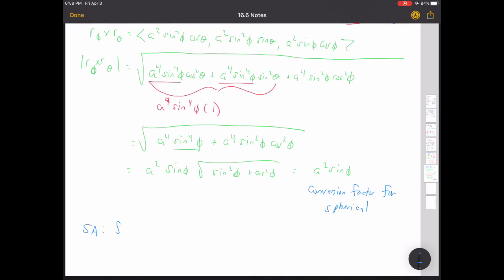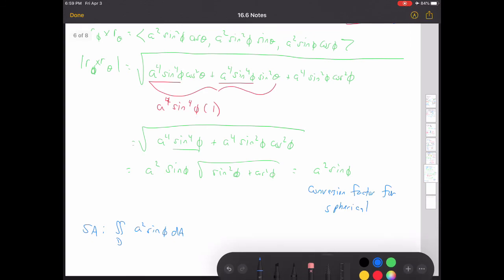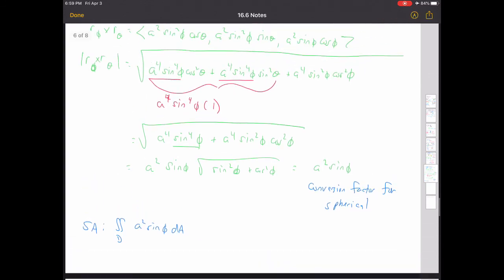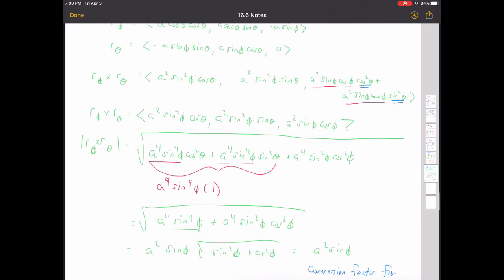The surface area is the double integral over D of a squared sine phi dA. But remember that our dA here is going to deal with just phi and theta. So let's go ahead and, oh man, I'm running out of room big time. I wrote a lot bigger than I thought I was going to.